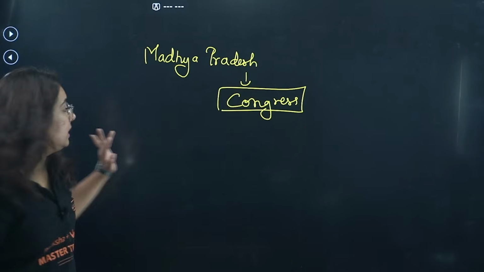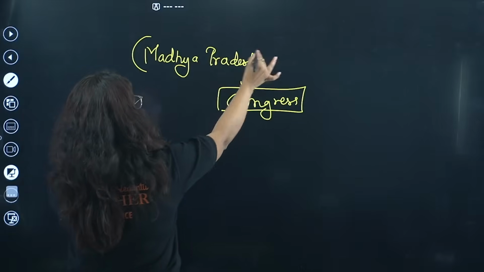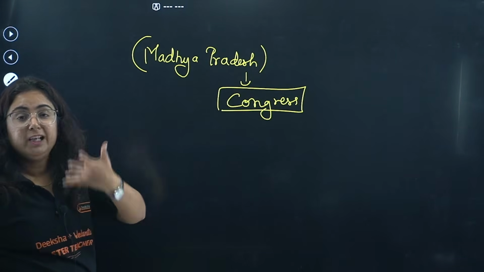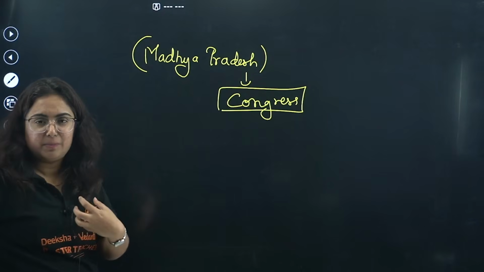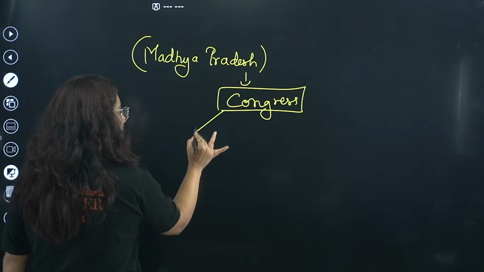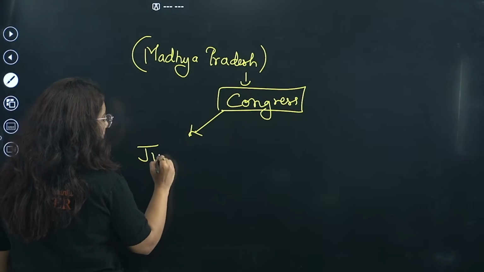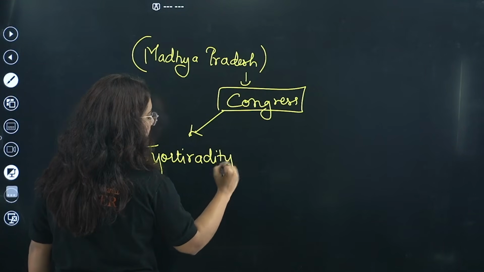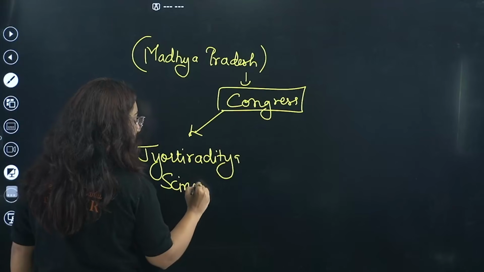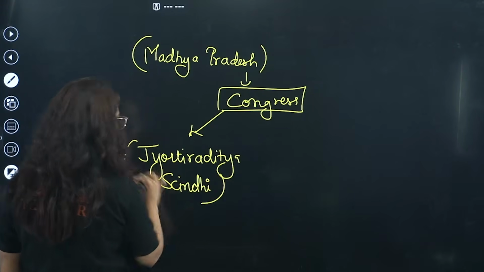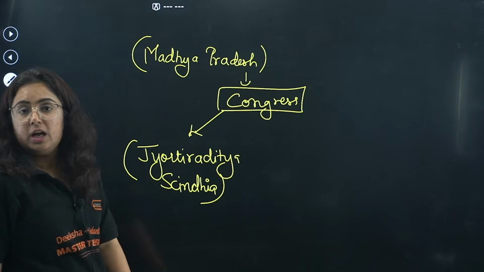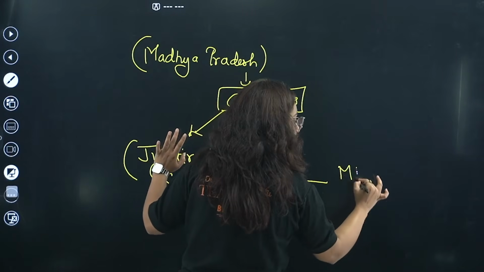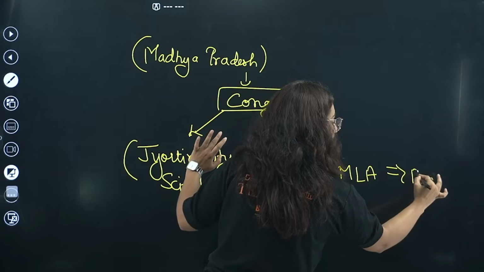Now, MP is a state which had been ruled by BJP for a longer period of time, so BJP tried to take the members from the Congress. Among the Congress, there was a popular leader, Jyotiraditya Scindia. The Scindias, from the Maratha group, had a history of being part of Congress. This person, along with some other MLAs, switched the party to BJP.